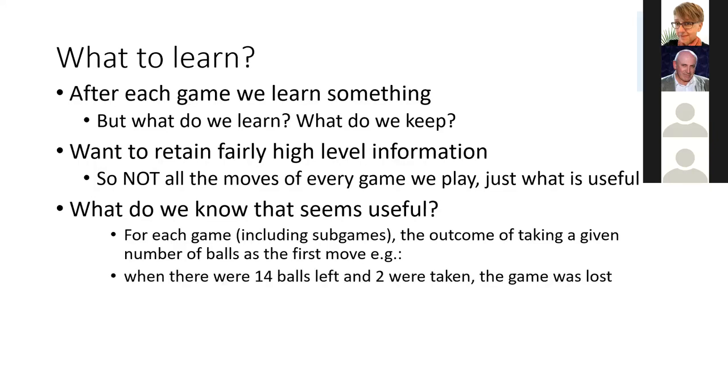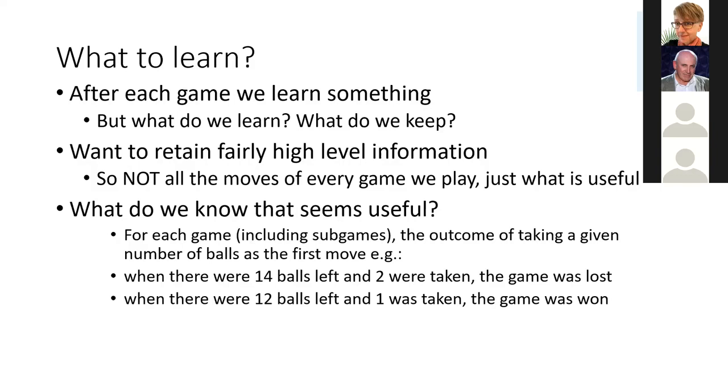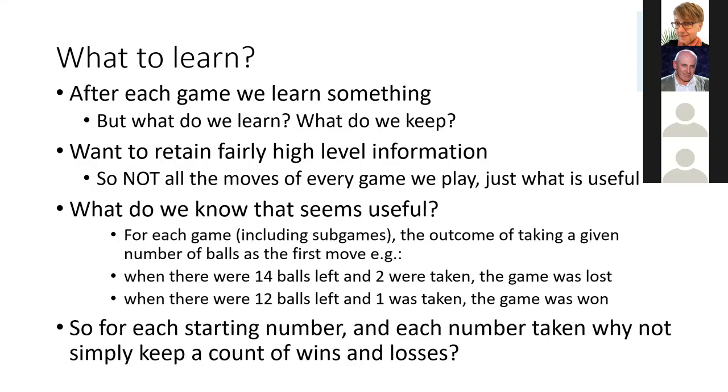So, for example, taking the previous example, when we had 14 balls left and 2 were taken, the game was lost. When we had 12 balls left and 1 was taken, the game was won. So why not keep, for each starting number of balls and for each number of balls we took in that position, just an account of how many times we won the game and how many times we lost it. And that was the basic idea.